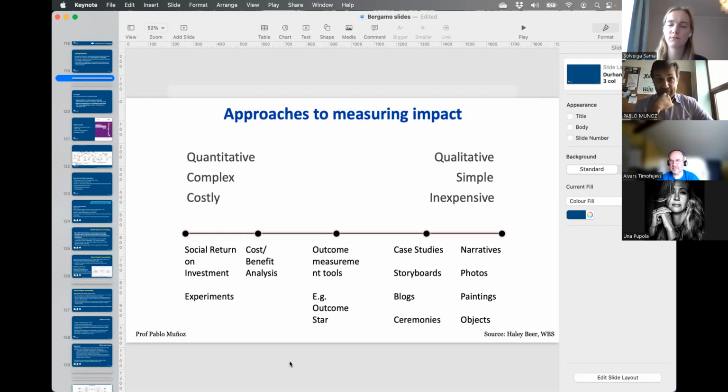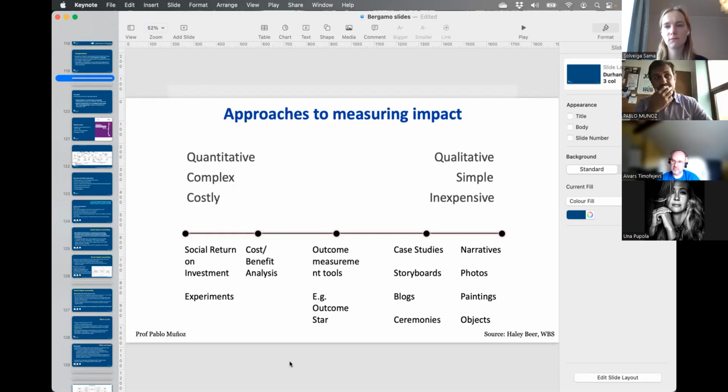The output is fairly easy to measure as things are happening tomorrow. So how many courses you've delivered, and again, if you're in health, if you reduce the waiting times and so on, it doesn't really tell you whether you're changing a system where you're benefiting people in the long run, which is very difficult to measure.